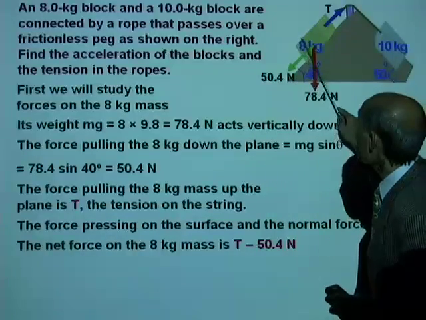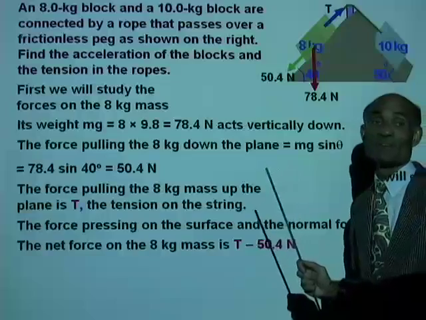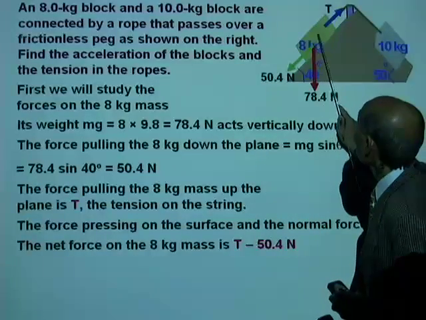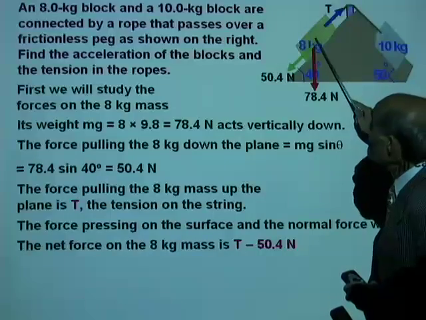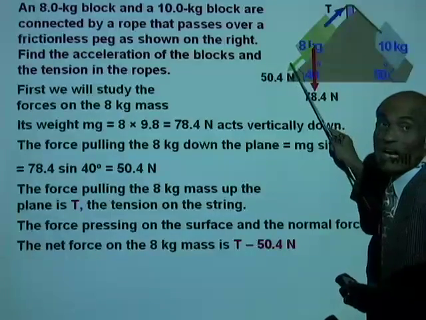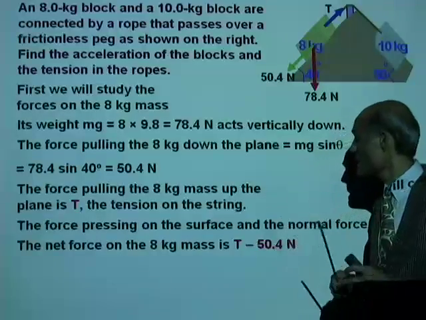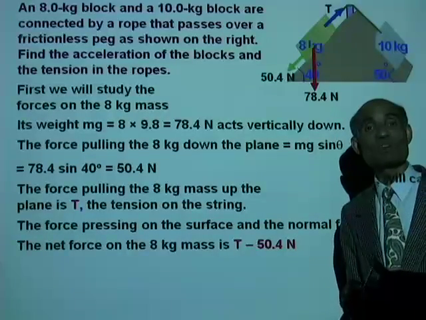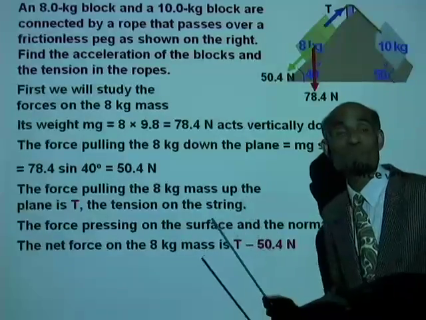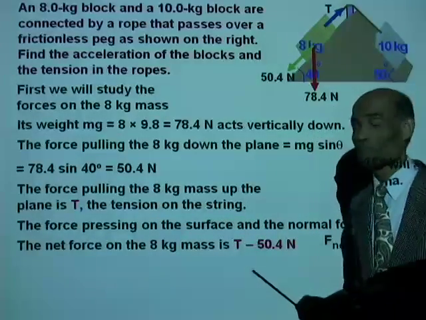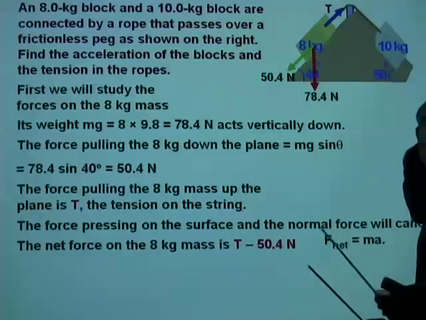As a result, what is the net force on this 8 kilogram? The net force will be the tension T acting up the plane, 50.4 Newton acting down the plane. The net force will be T minus 50.4 Newton. And that net force must be equal to ma. So F net equal to ma.